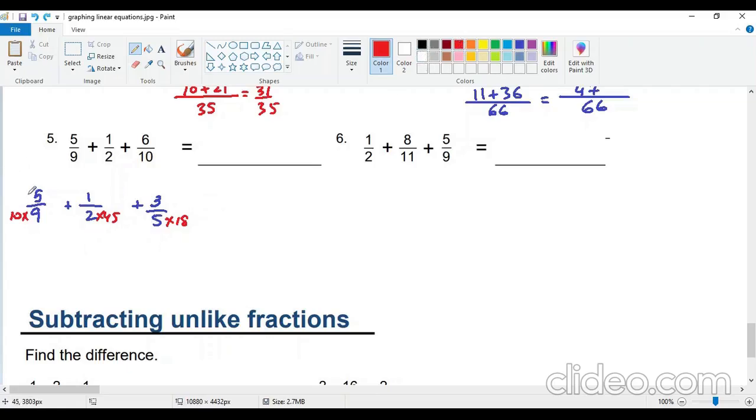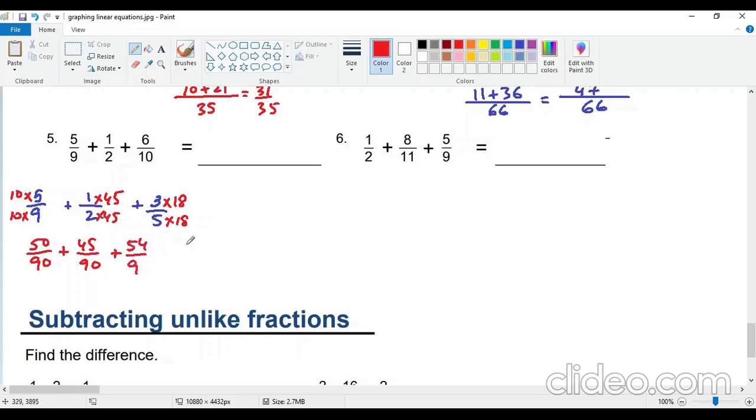5 times 10, 1 times 45, and 3 times 18. This is going to be your fraction. This gives us 50 over 90 plus 45 over 90, and 3 times 18 is giving us 54 over 90.